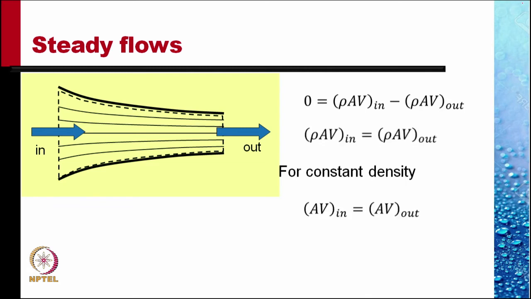For constant density, when the density of the fluid does not change, the ρ in is the same as ρ out. So, AV in is equal to AV out. A in is the area of the channel at the inlet, V in is the velocity at the inlet, and similarly A out is the area of the channel at the outlet, and V out is the velocity at the outlet.